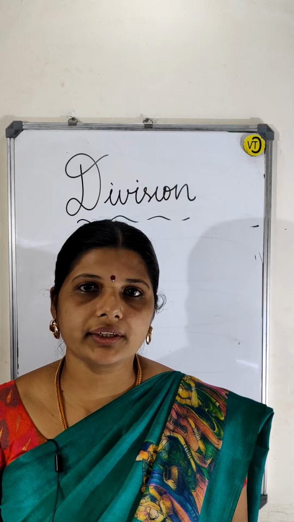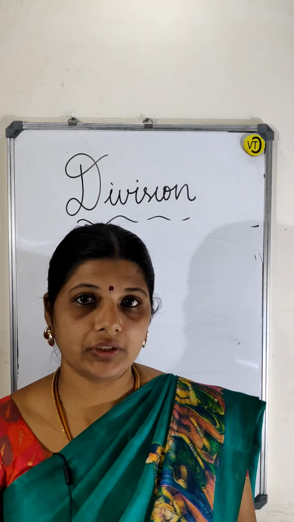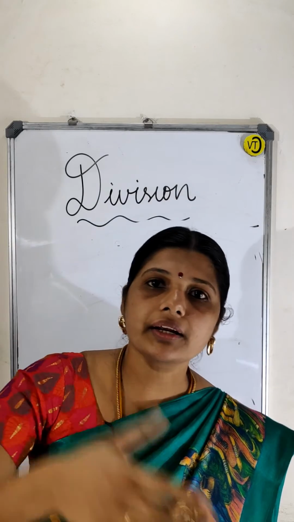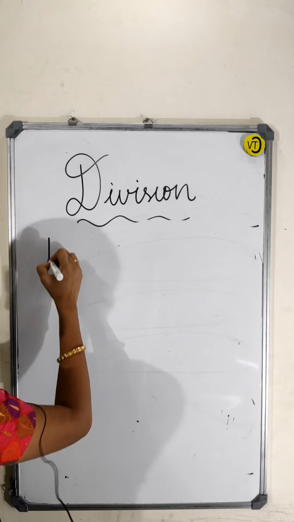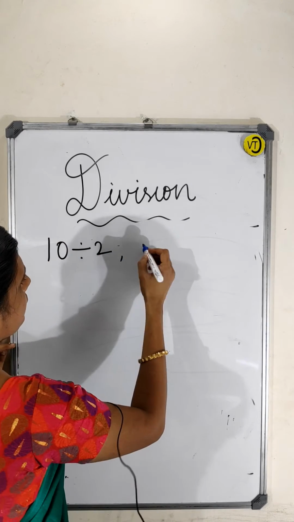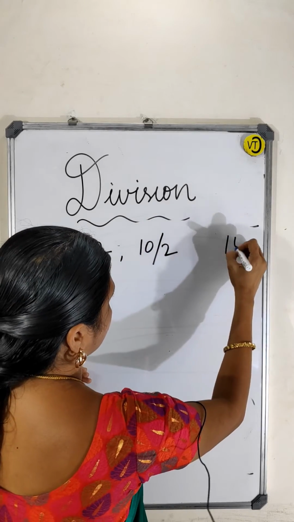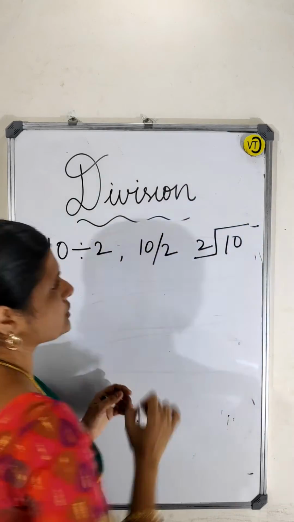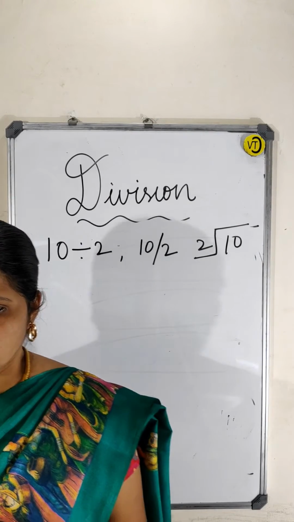The next topic here is division. You are performing the division. Now on a number line, how can you divide it? See now. This is 10 divided by 2. You can also write this as 10 by 2, or 10 divided by 2. This is also right, in the 3 forms it is right.